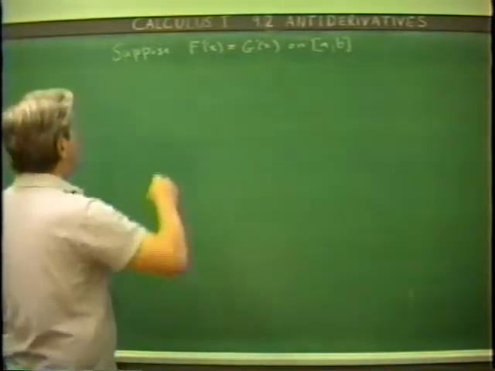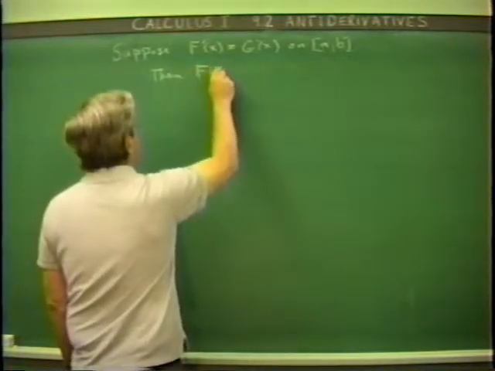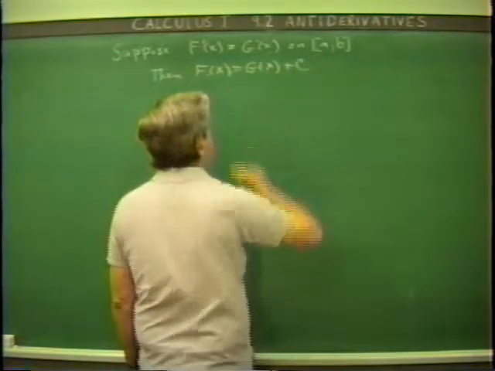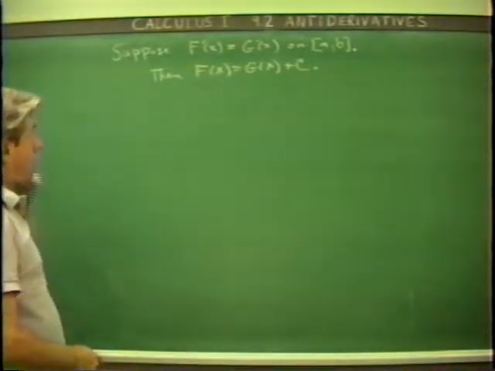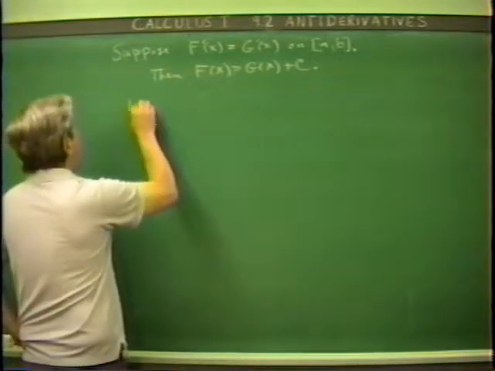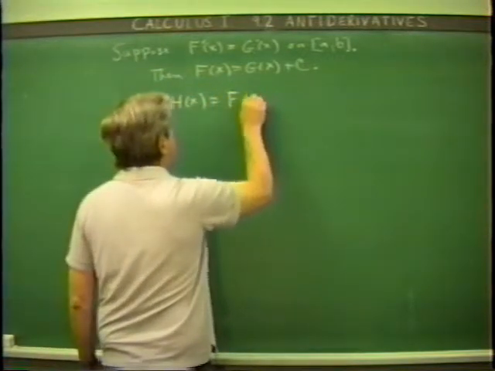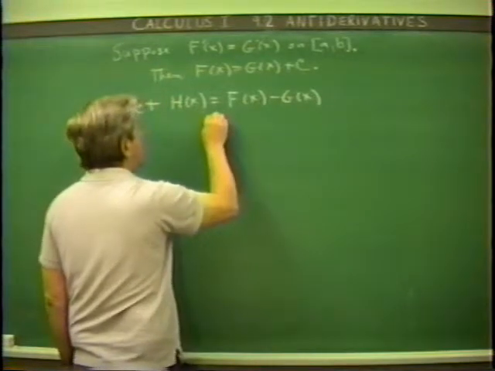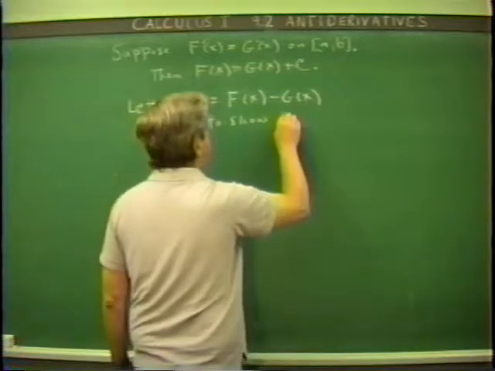All right, and then we want you to conclude f of x is g of x plus a constant. Well, if f prime of x is g prime of x on AB, then if we let h of x be equal to f of x minus g of x, then we need to show that h of x is a constant.